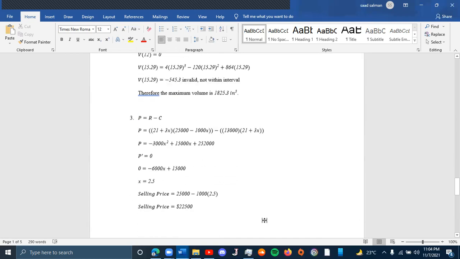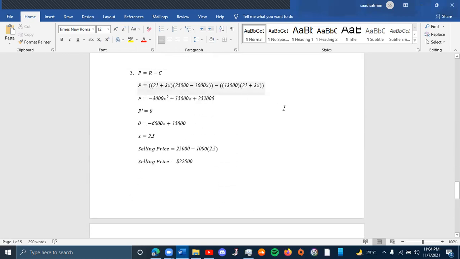Moving on to question number 3, we'll use a formula, which is P is equal to R minus C. P is equal to bracket open 21 plus 3x multiplied by 25,000 minus 1,000x bracket close, minus bracket open 13,000 multiplied by 21 plus 3x bracket close, which will be P is equal to minus 3,000x squared plus 15,000x plus 252,000.